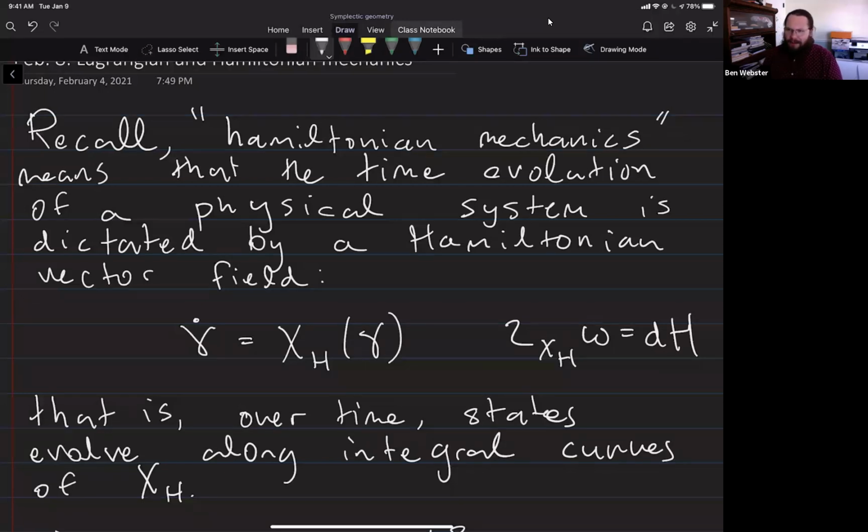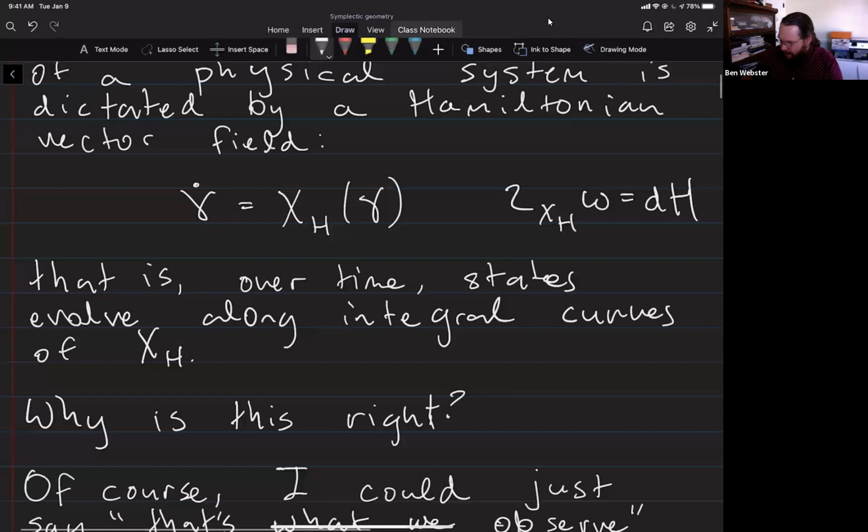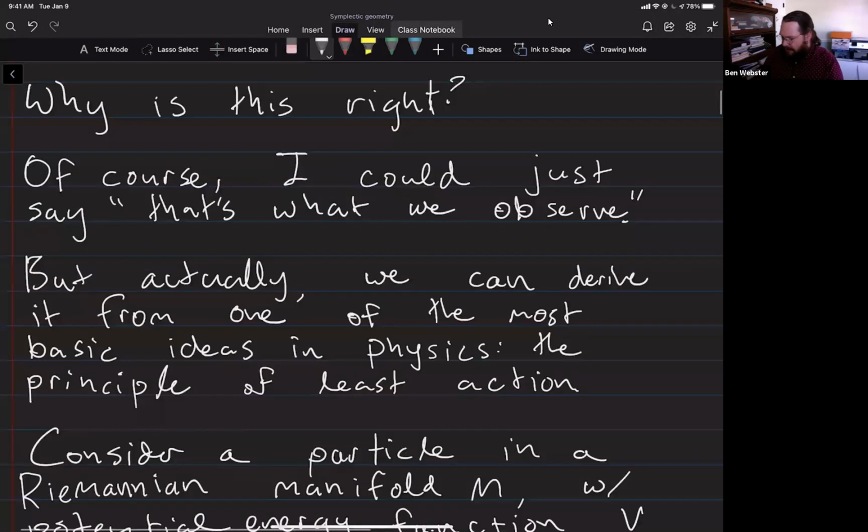I did give an argument for why it matches up with Newton's second law, which some people will call the Newtonian formulation of classical mechanics. So it's plausible, but why is it right? I think there actually is a more satisfying answer to this, which is that it's a consequence of the "principle of least action."